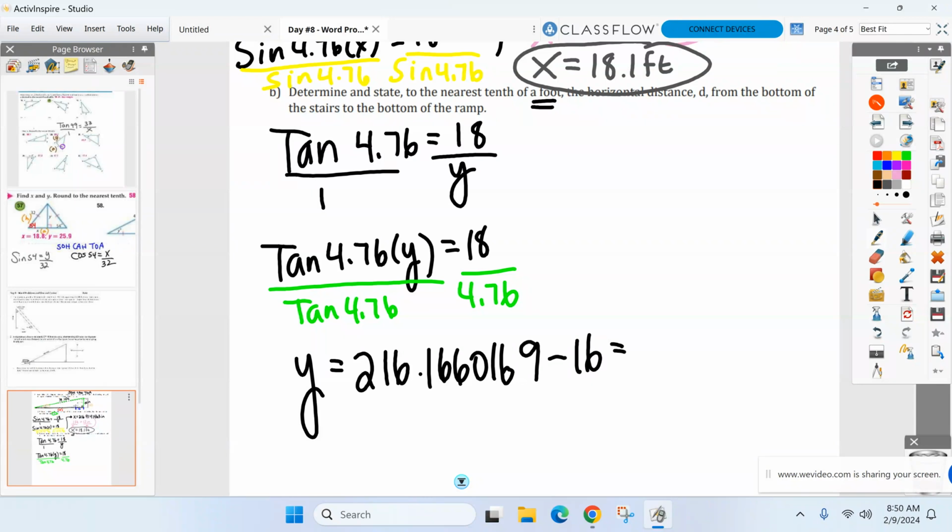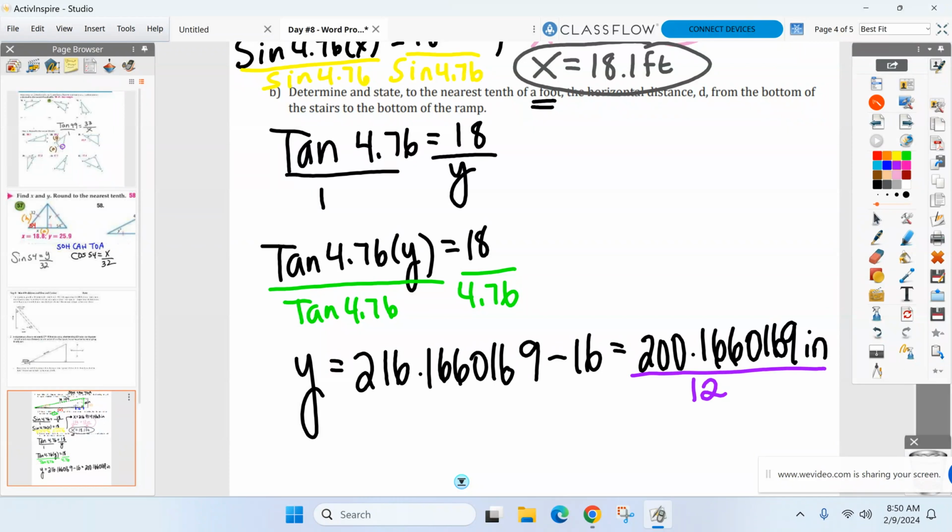So the length of D in inches, 200.1660169 inches. And then convert it to feet by dividing it by 12.